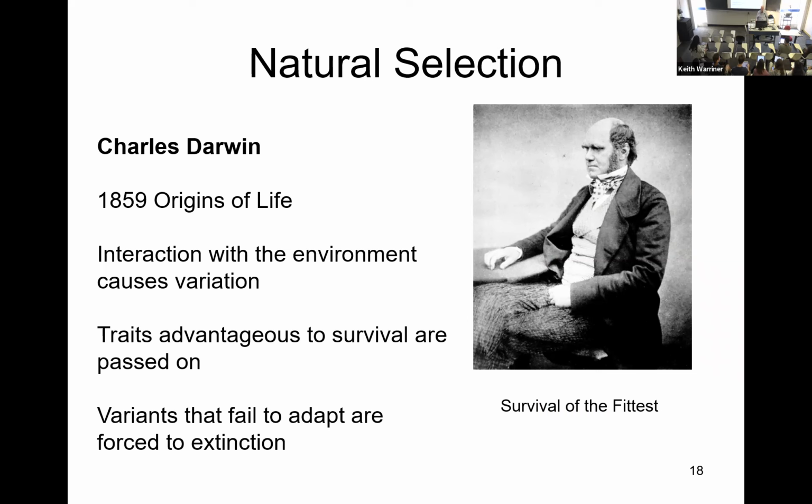We got to the point of Darwinism. With Darwinism, he went to Madagascar, I think it was, and saw the life there was very different from what he was used to on the land. And he came up with natural selection.